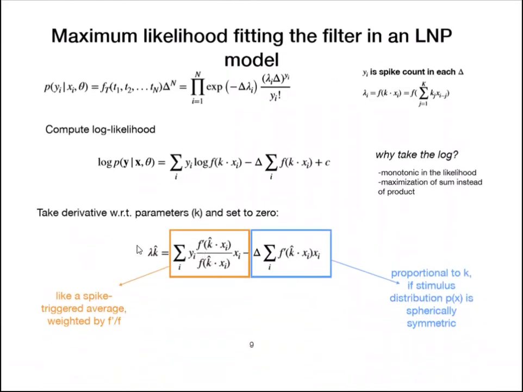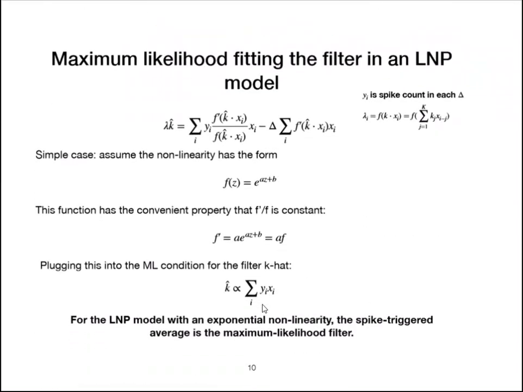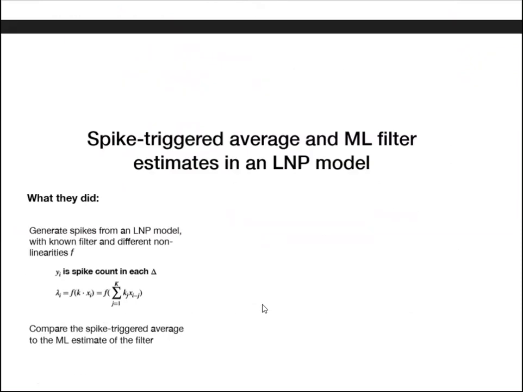If you go through this complex math, we get the spike triggered average being proportional to k, when the stimulus distribution is spherically symmetric. Blah, blah, blah.